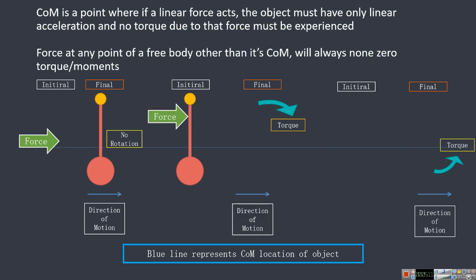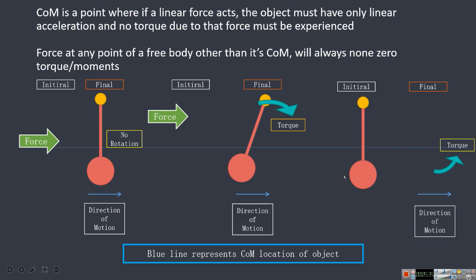And whichever side the force is farther away, it is going to create a torque in that direction, right? In the second case, where we see that the force is above the center of mass line, we're going to have a torque from the top side, which is the clockwise direction. But if we apply the force at the lower end, then we see anti-clockwise or counterclockwise torque.